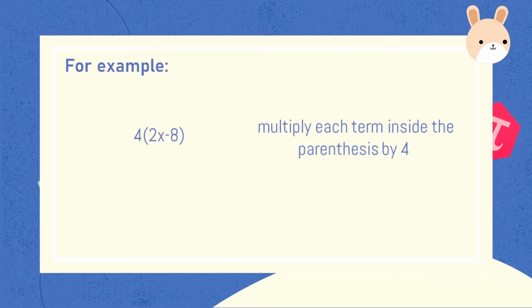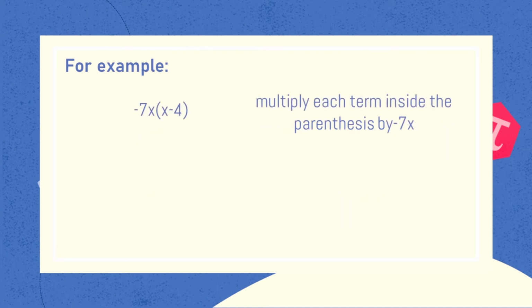For example, 4 open parenthesis 2x minus 8 close parenthesis. Multiply each term inside the parenthesis by 4. 4 times 2x is equal to 8x, and 4 times negative 8 is equal to negative 32. So our final answer will be 8x minus 32.